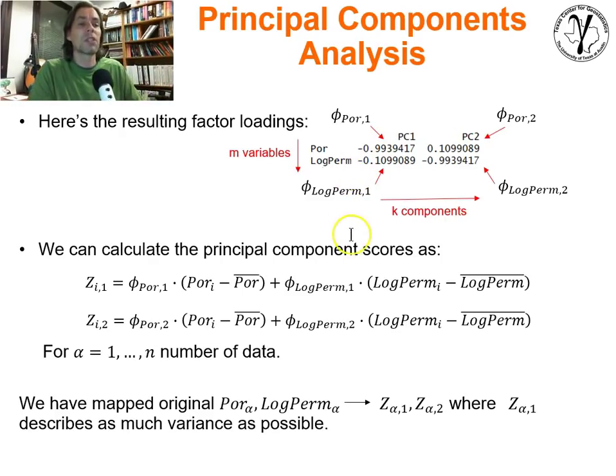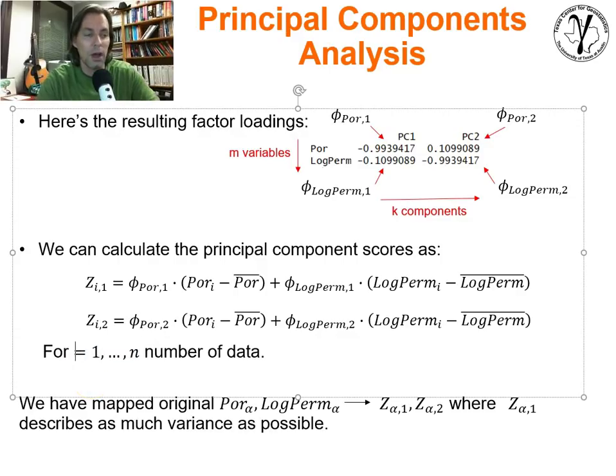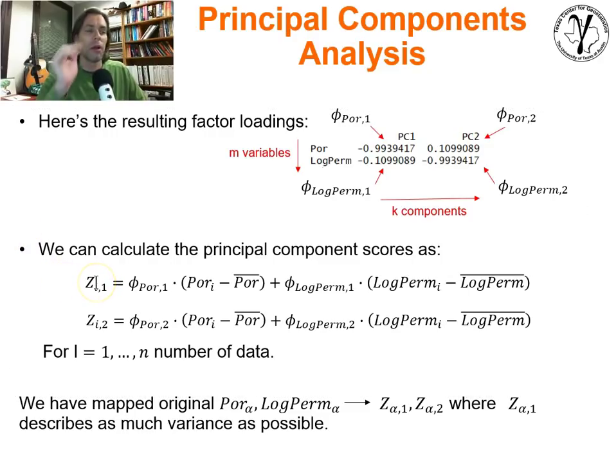We can calculate the principal component scores, transforming our data from the original porosity to principal component scores, simply by taking, for data value number 1, and going from i equals 1 through n data values, the principal component score for component 1 for data i is equal to the component loading for porosity for principal component 1, multiplied by the porosity data centered, subtracting out the mean, plus the principal component loading for log permeability for the first principal component, applied to log perm minus the mean of log perm.